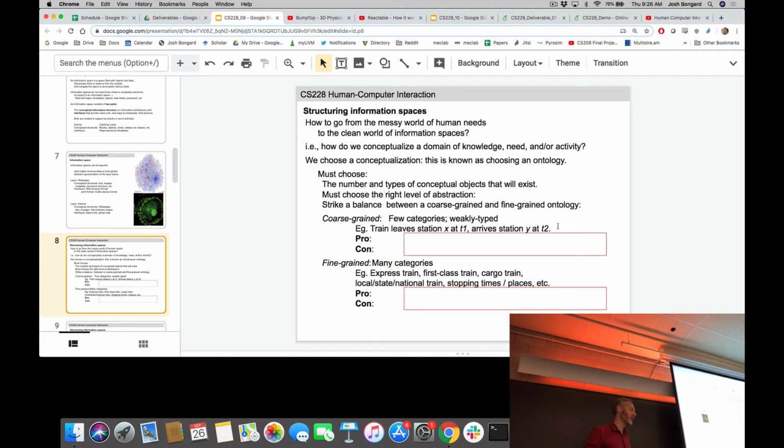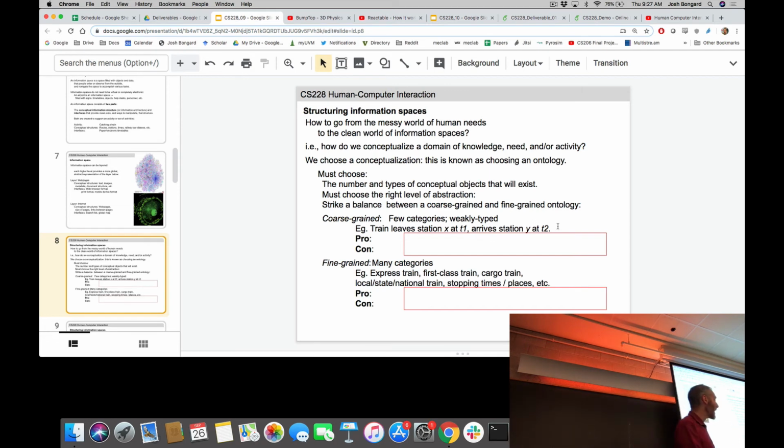Absolutely, right? So cargo versus passengers may be a tongue-in-cheek example, but express versus the milk run that stops at every local station, that's very important for most people performing this activity. Okay, so instead, we start to create an increasingly fine-grained ontology for our train station schedule, and we add a column for express or milk run.